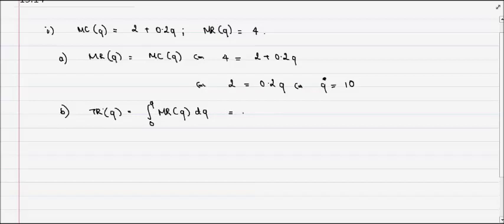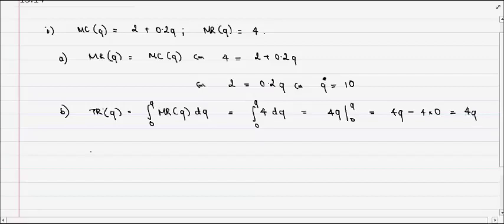If we take the integral of 4 dq from 0 to q, we get 4q evaluated from 0 to q, which is 4q minus 4 times 0, giving 4q. That's my total revenue.